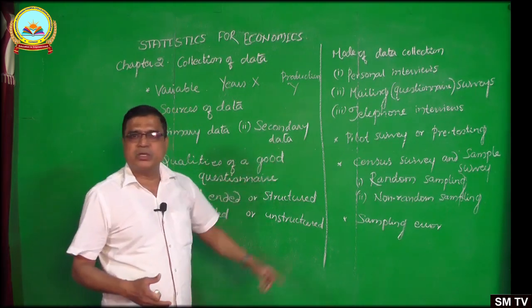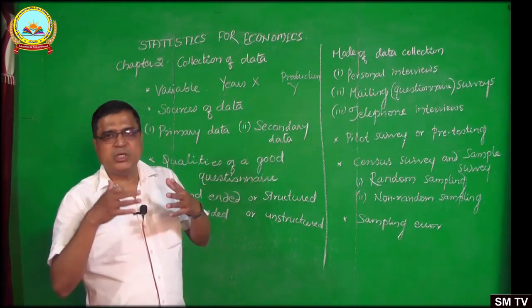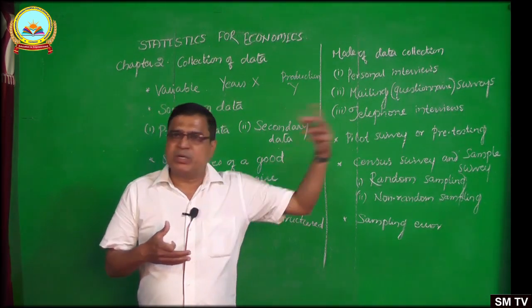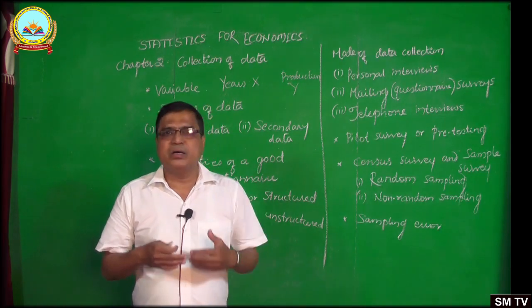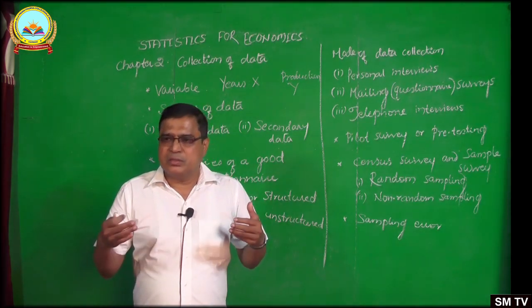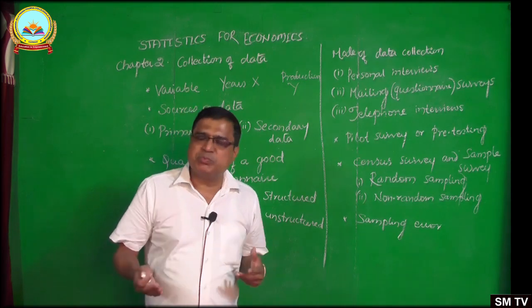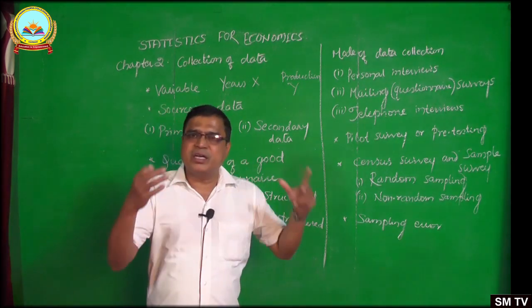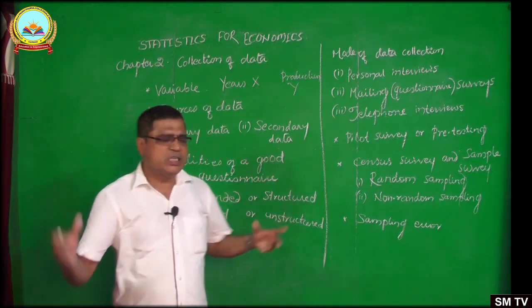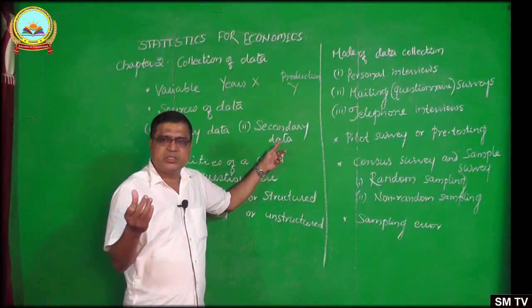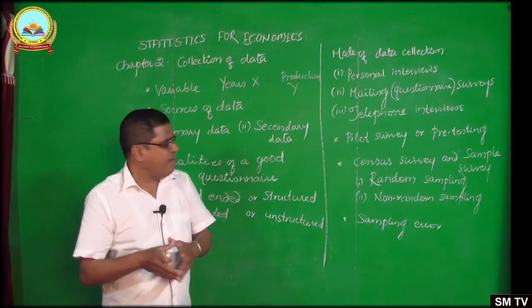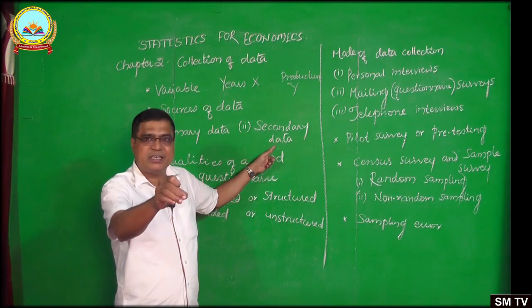For example, we have textbooks, or journals published by different departments, or periodicals, newspapers, research papers, or books written by economists, and all this information has already been systematically collected. Now we are going to refer to that data.